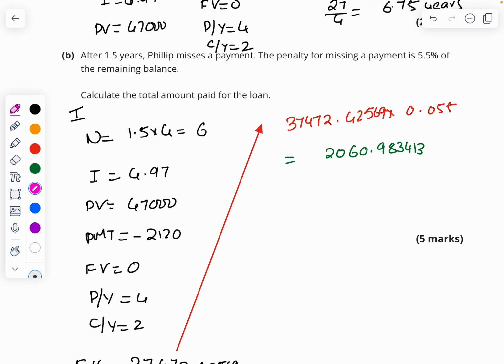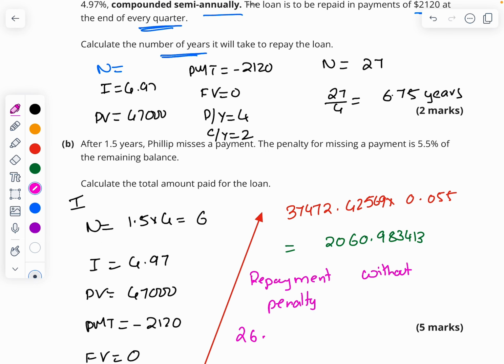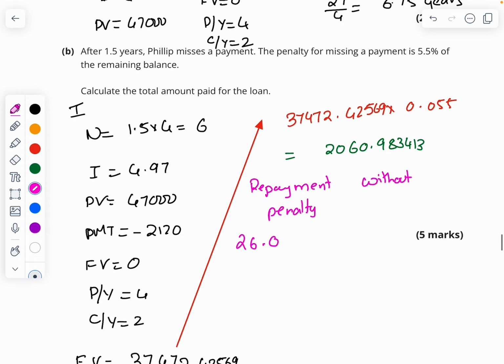Now, repayment without penalty. What will be the repayment without penalty? So he has to pay 26.064083, as over here we got it out, this 27, we got that one, right? 26.064083 times 2120.